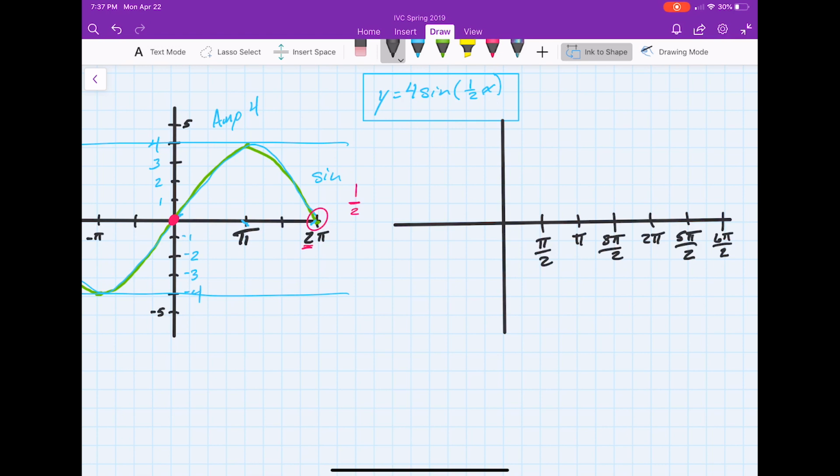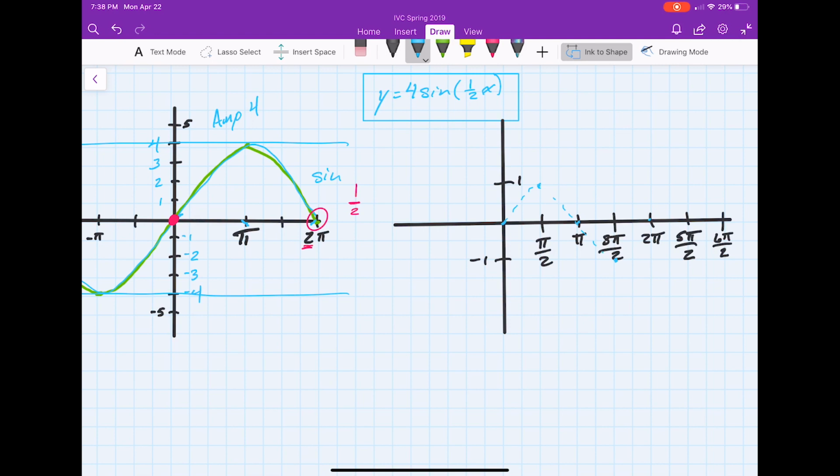So I'm just going to draw a normal cycle here. Let's label these 1 and negative 1. A normal cycle of sine would look like this. So this would be down below and back on the x-axis, and then we just have this normal cycle of sine.